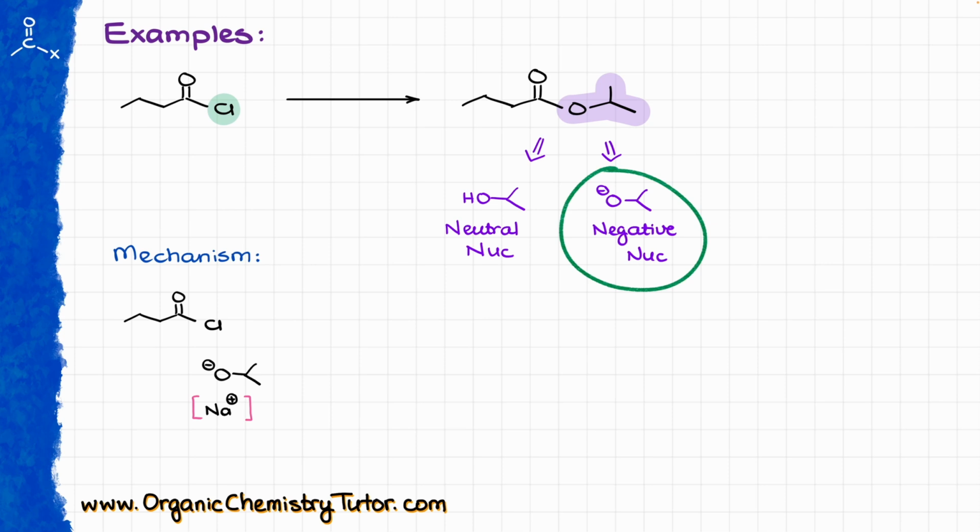The first step here is going to be the nucleophilic attack from our nucleophile onto the carbonyl, kicking the electrons from the double bond onto the oxygen like in the previous case, giving us a tetrahedral intermediate that's going to look like this, and then from here our leaving group is going to go away, making our final product.